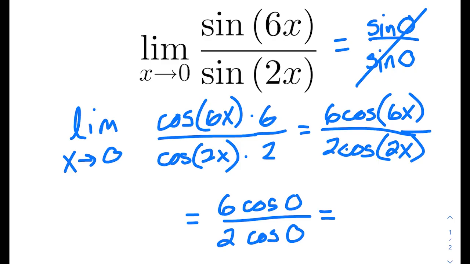So this is 6 times 1 over 2 times 1, which is just 6 over 2, which is 3. So now we get one constant as our result. We get a concrete value rather than something that is undefined by using L'Hopital's rule. We take the derivative of the numerator and denominator, and then it allows us to get a particular numerical result.